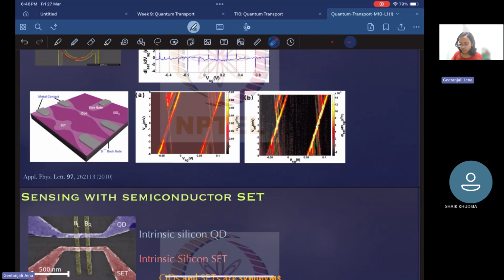Even if you don't have the SET, you can see the variation of current with respect to the gate voltage somewhat looks like this. But when we use the SET, we see the same features. So no information is lost, and we can use the SET to sense the charge.